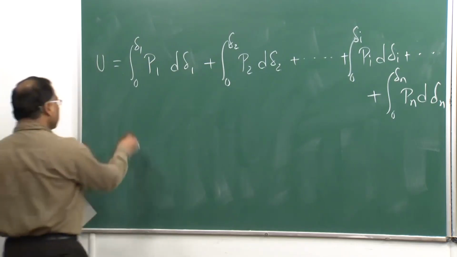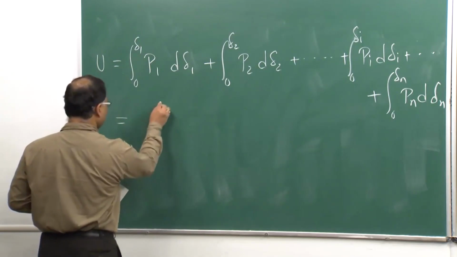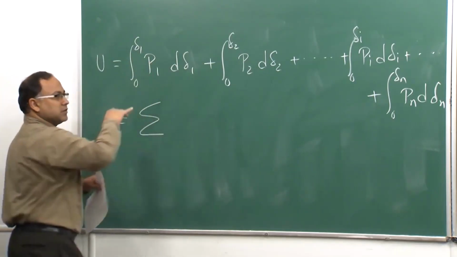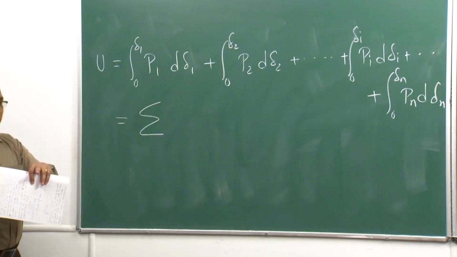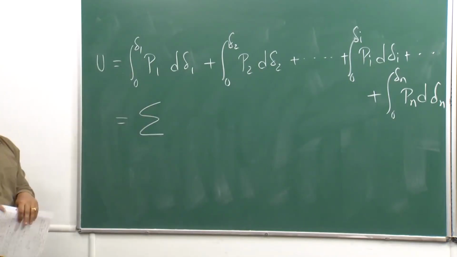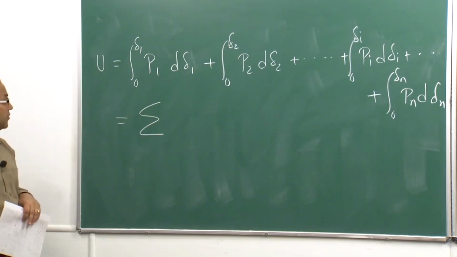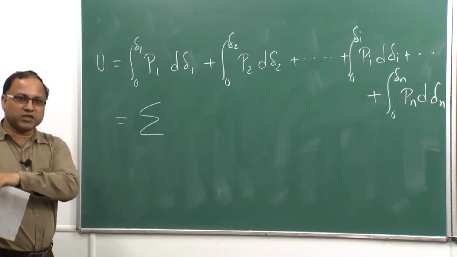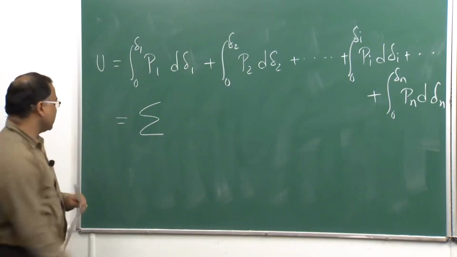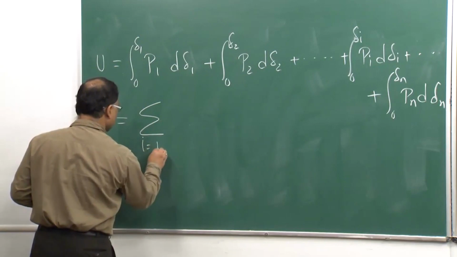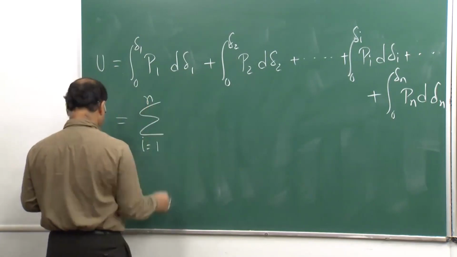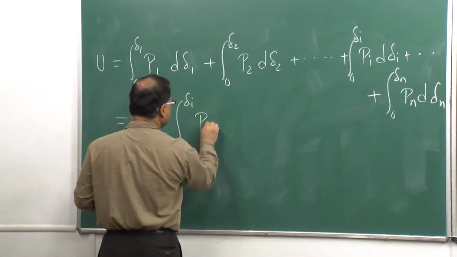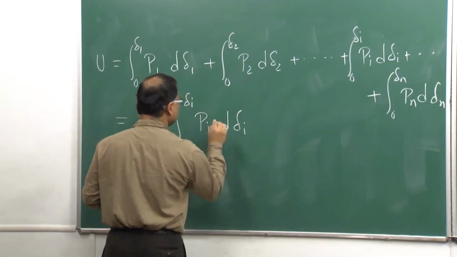Now it can be written as a summation. This part is continuous, so that is why we can express that with the integration sign, but when we are adding all these discrete potential energy contributions for different forces, then we can write i equal to 1 to n, 0 to delta i Pi d delta i.